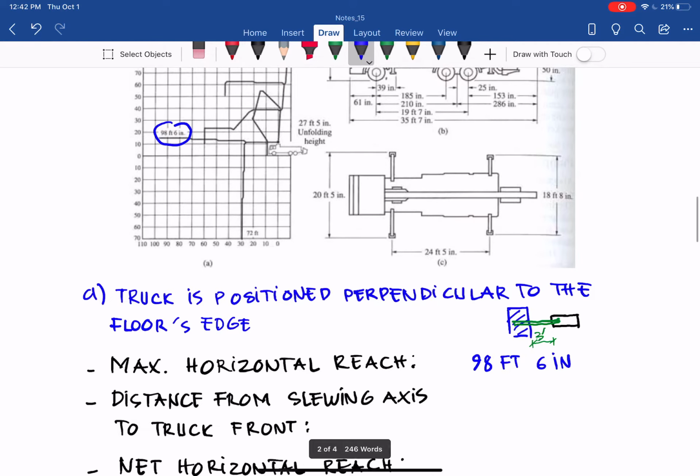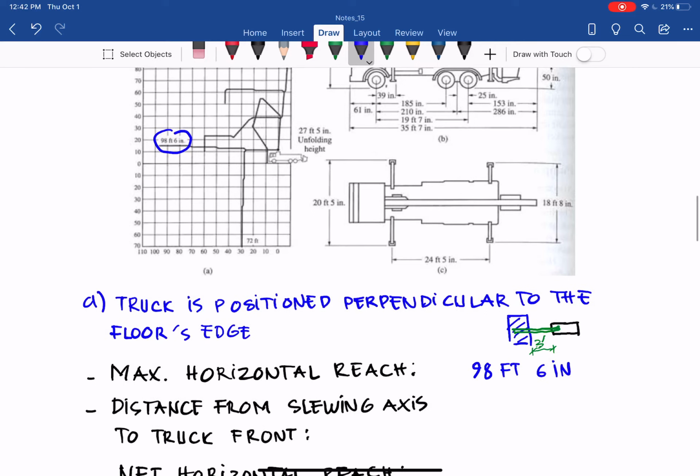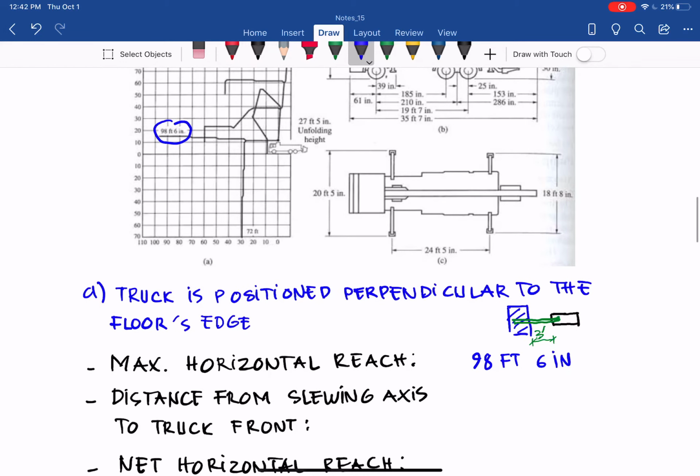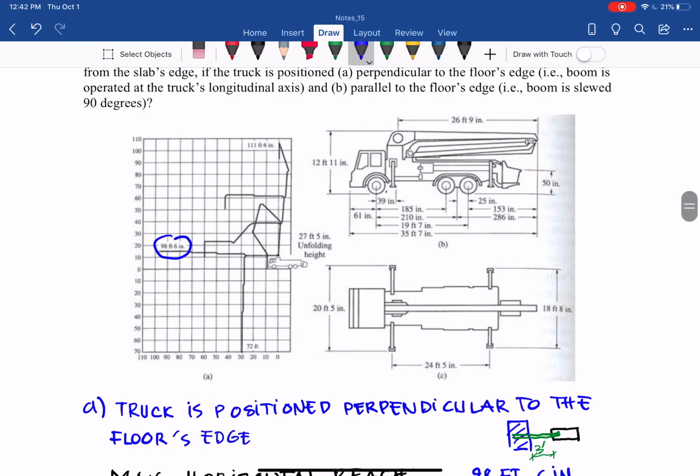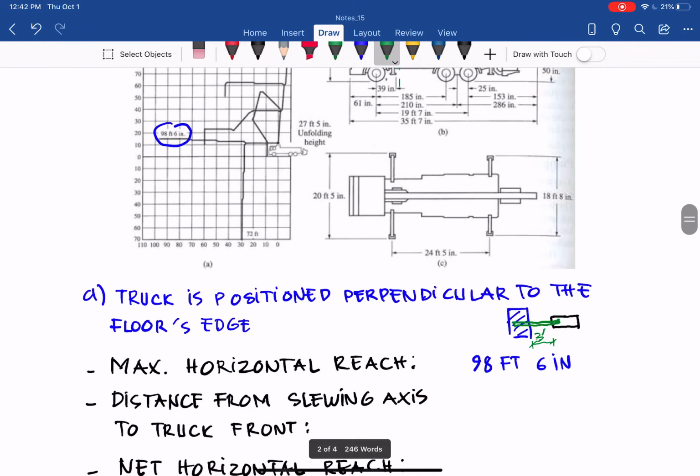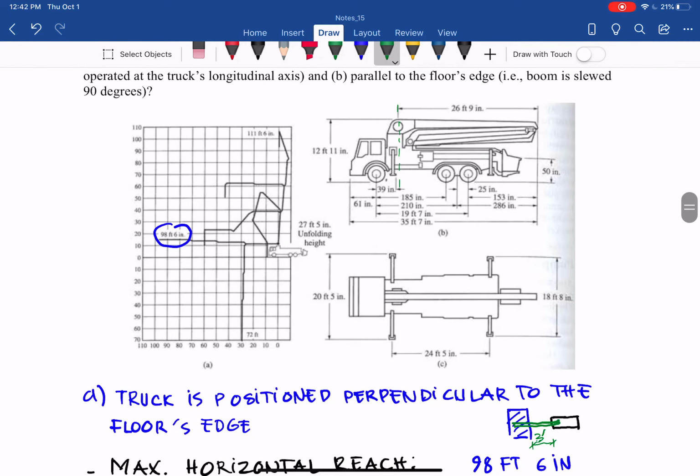And then we want to determine the distance from the slewing axis, this is the slewing axis, as you can see in the truck, to the truck front, because that will be a limit on capacity there. So what is the distance of that, so that we can find out the maximum horizontal reach?